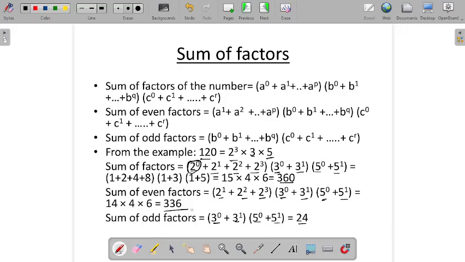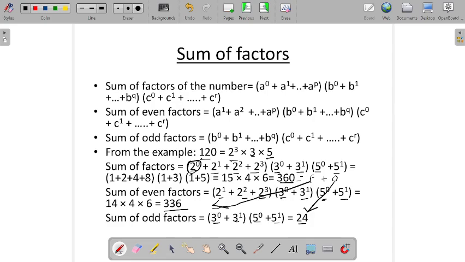If you observe here also, sum of factors equals sum of even factors plus sum of odd factors. Even factors value is 336, plus odd factors value is 24. What is the value? 360. So even here, if we know 2 formulae, then we can find the third one. I hope you have understood it.